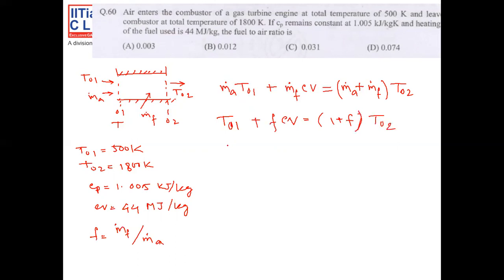Now substituting all this, we get 44 megajoule per kg, we have to convert it into joule, so we multiply it with 10 to the power 6, equal to 1 plus f into 1800 kilojoule.